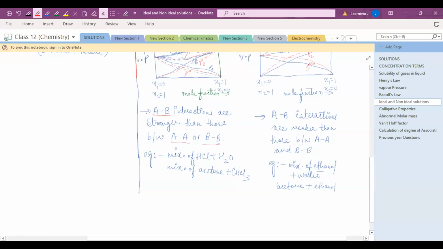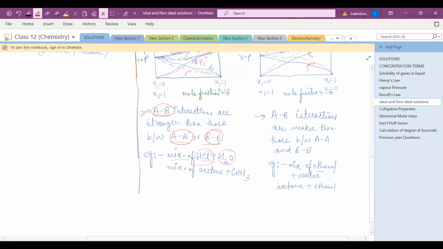When the mixture is prepared after adding the solute and solvent components, the interactions between the molecules of A and B are stronger than those of AA and BB components. The example is a mixture of HCl and water. The mixture of HCl and water is an example of negative deviation, a non-ideal type of solution.